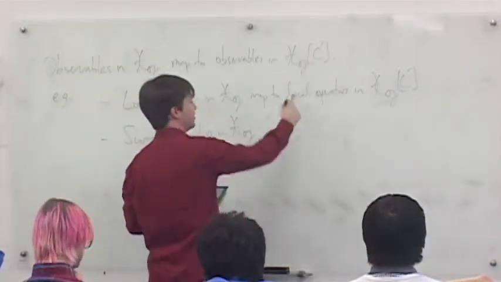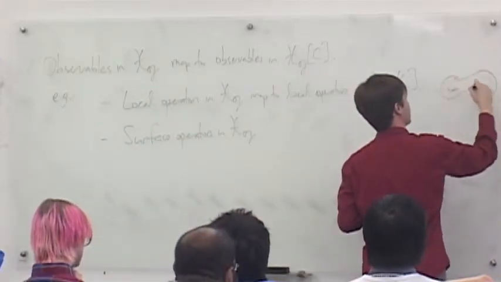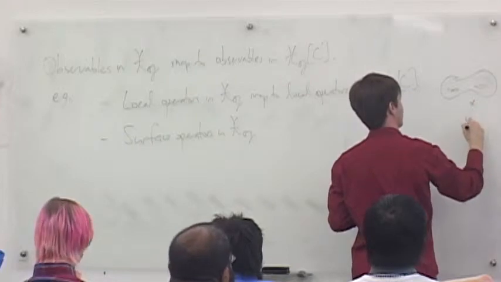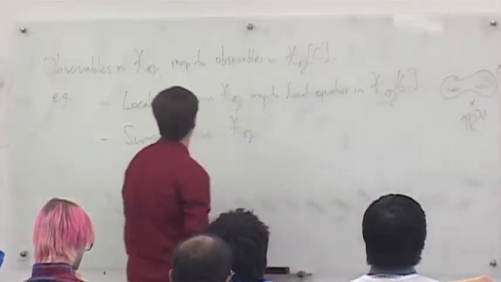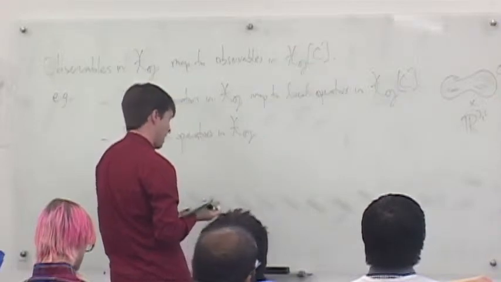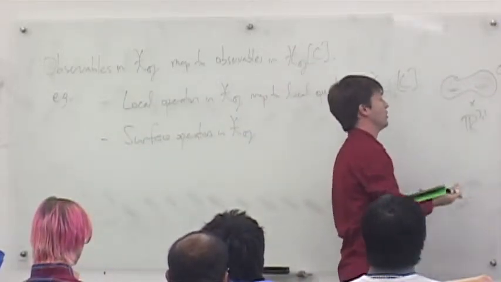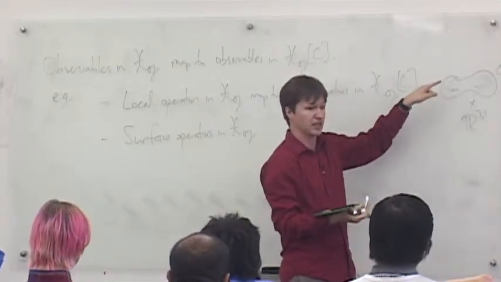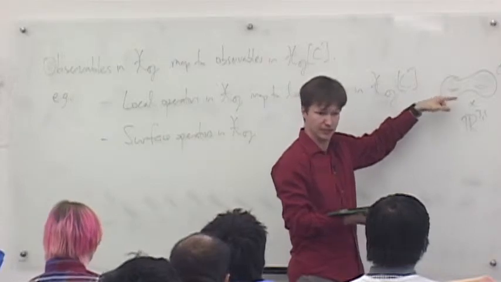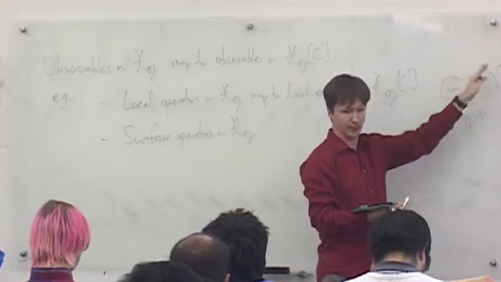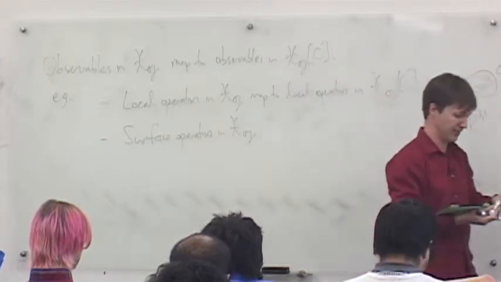Well, sorry, what was the picture for the local operators? Maybe I should say. So the picture was we have this internal space which is being crossed with R^{3,1}. So here's C cross R^{3,1}. We have the local operators in X_G. And now we can imagine inserting one of those operators at any point of C. For each choice of that point I get a local operator in the compactified theory. It's a different local operator. So I'm getting here a whole pile of local operators labeled by the points of C. As it'll turn out, they'll obey a lot of relations, so it's not as many as you think.